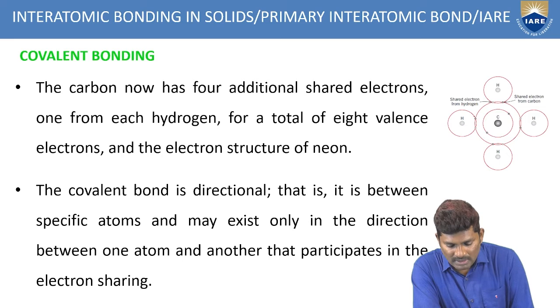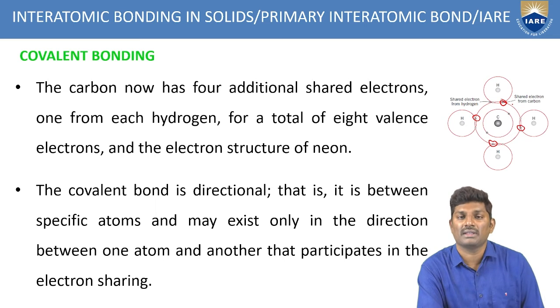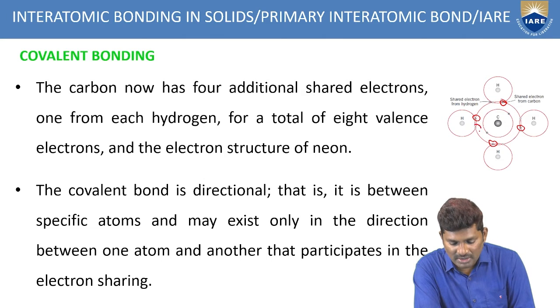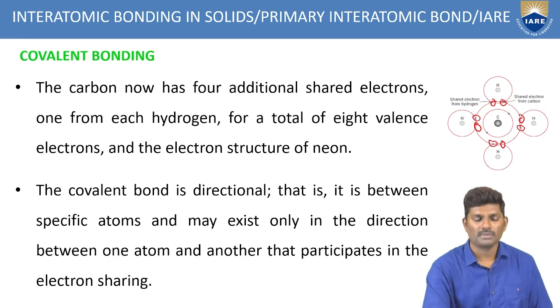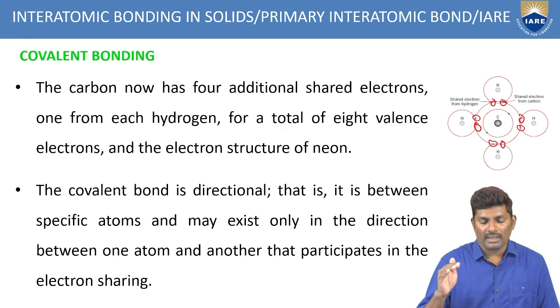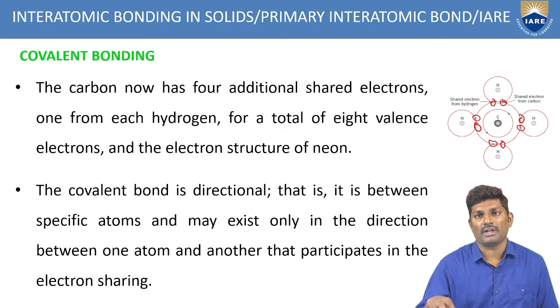So here you have 1, 2, 3, 4. Initially it is sharing with carbon. Now since the carbon also has 4 additional electrons being shared, totally you are getting 8 electrons from each hydrogen. So total 8 valence electrons are being added in this covalent bond to get a methane compound.